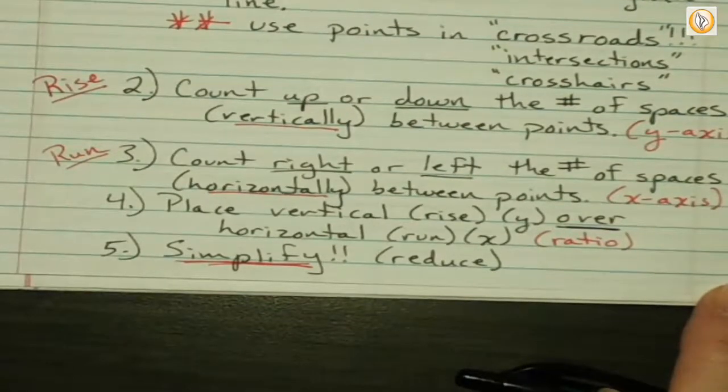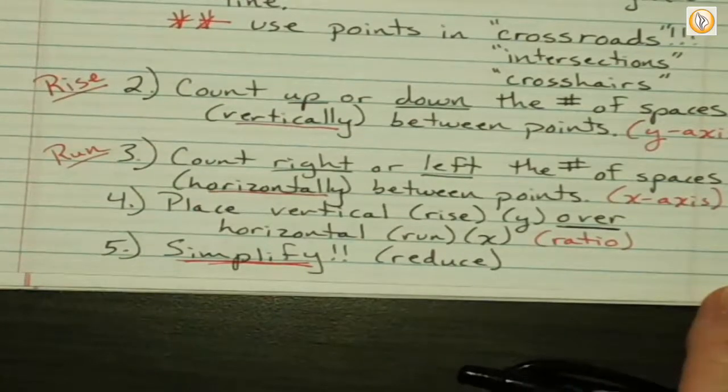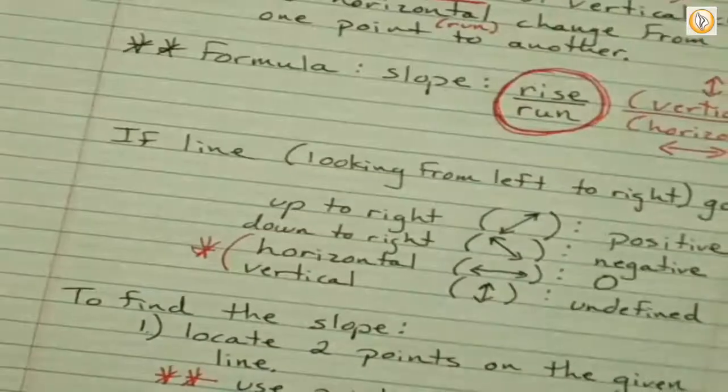You good, Cecilia? Are you sure? You got it all down? If you're still writing, keep writing. See, and make sure you can read it too. Are you done? Okay. All right, so I'm going to do some examples.